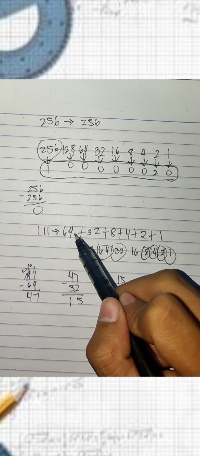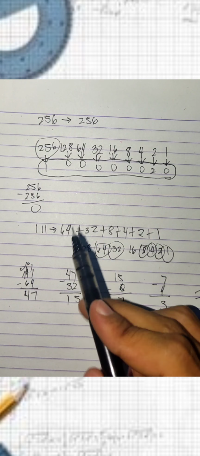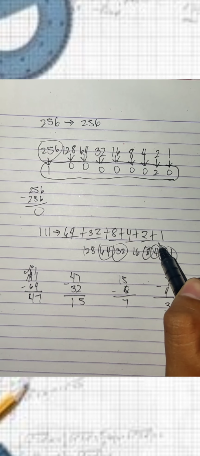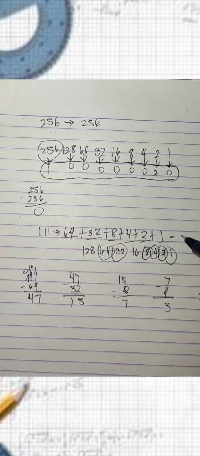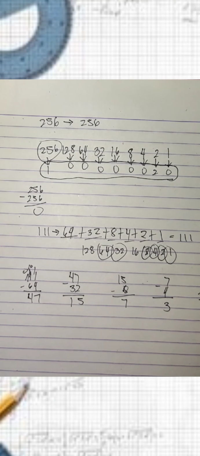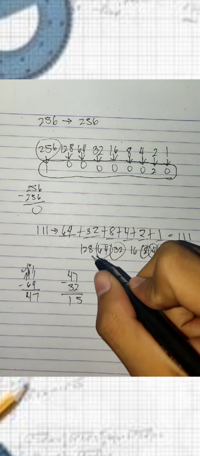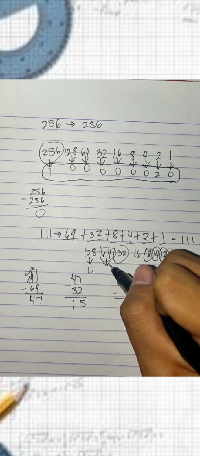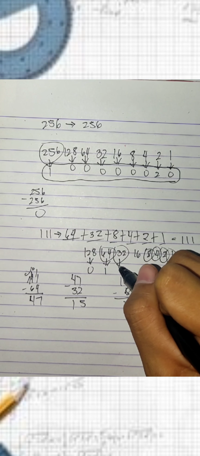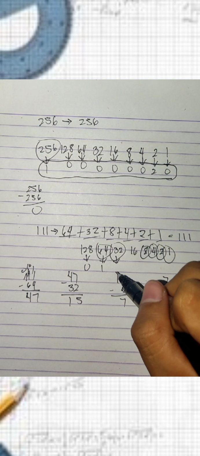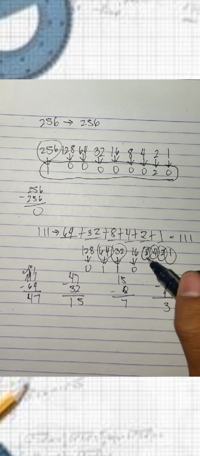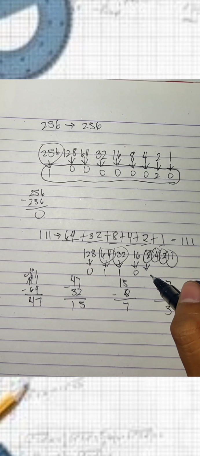Pag pinag-add mo lahat ng nakuha natin sa tables, is 111 siya. Yan. So 128, wala tayo, 0. 64, 1. 32, meron. 16, wala. 8, wala.